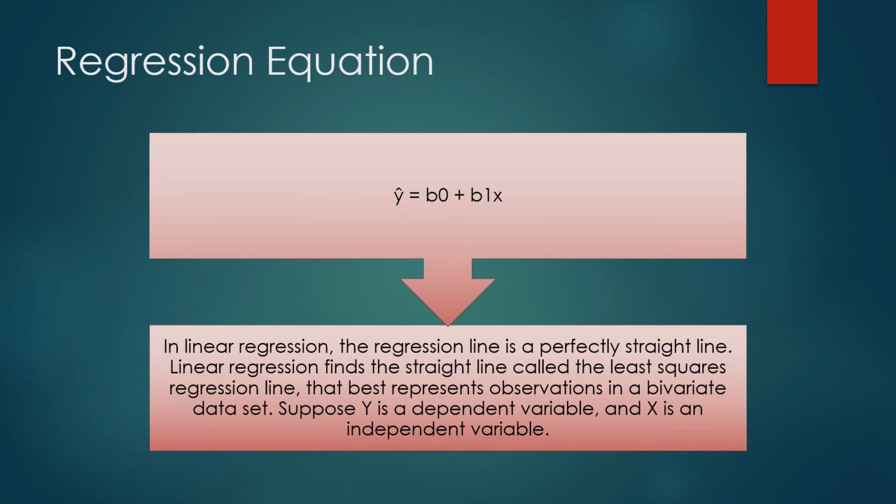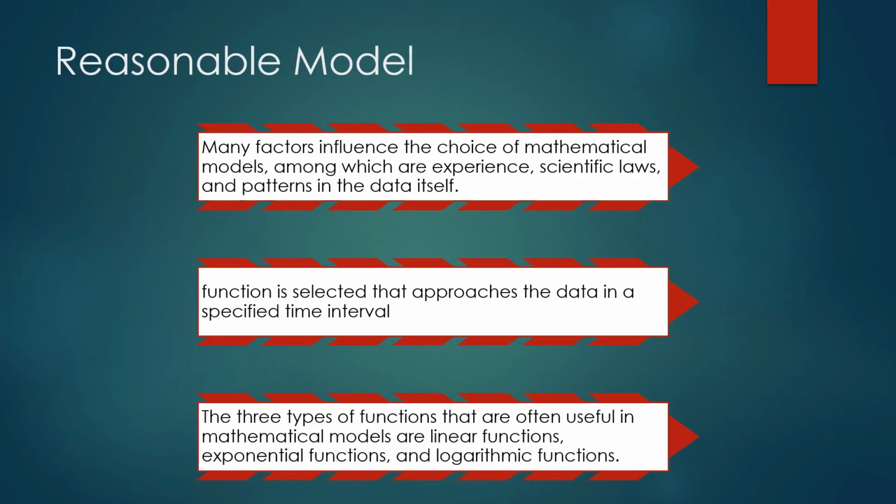Okay, first, regression equation. In linear regression, the regression line is a perfectly straight line. Linear regression finds the straight line, called the least squares regression line, that best represents observations in a bivariate dataset. Suppose y is a dependent variable and x is an independent variable. For a reasonable model, we need to learn how to select the appropriate model for the raw data we have.